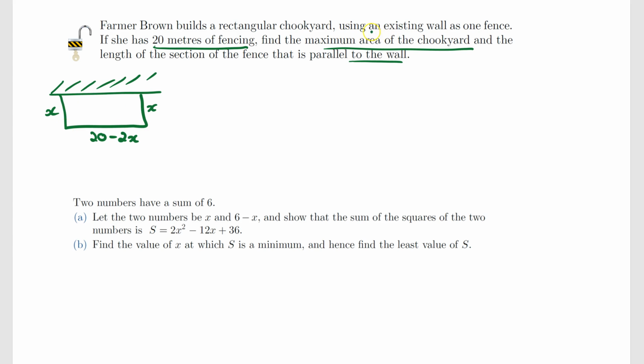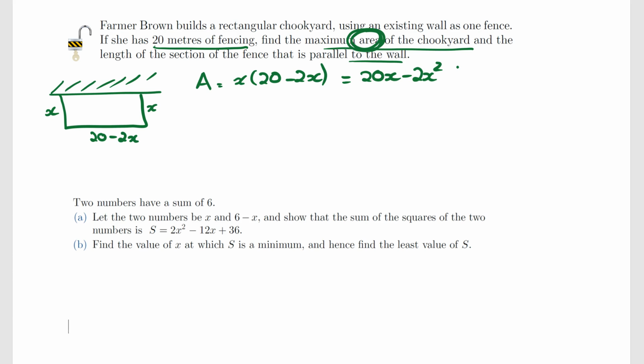Identifying what it is that we want to maximise is key to these questions. It's area that we want to maximise, so it's area that we want an equation for in terms of one variable. The area is just length times breadth: x times 20 minus 2x, which we can see will be a quadratic expression. It will be 20x minus 2x squared.